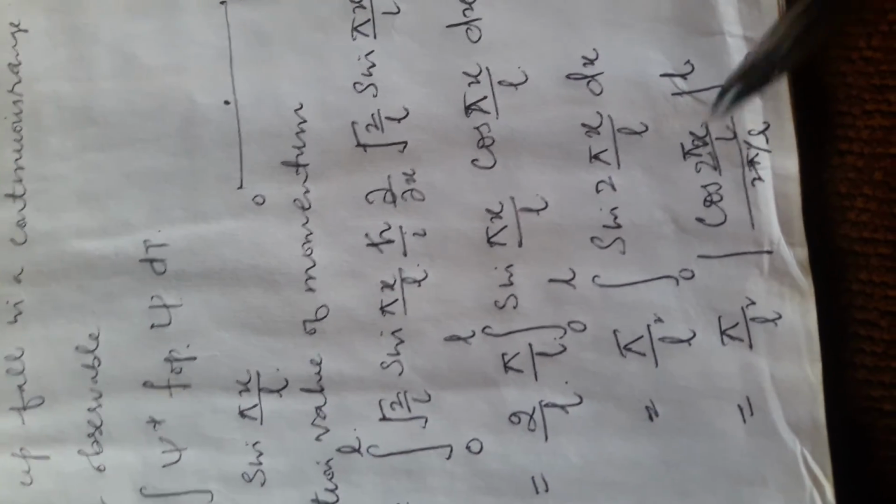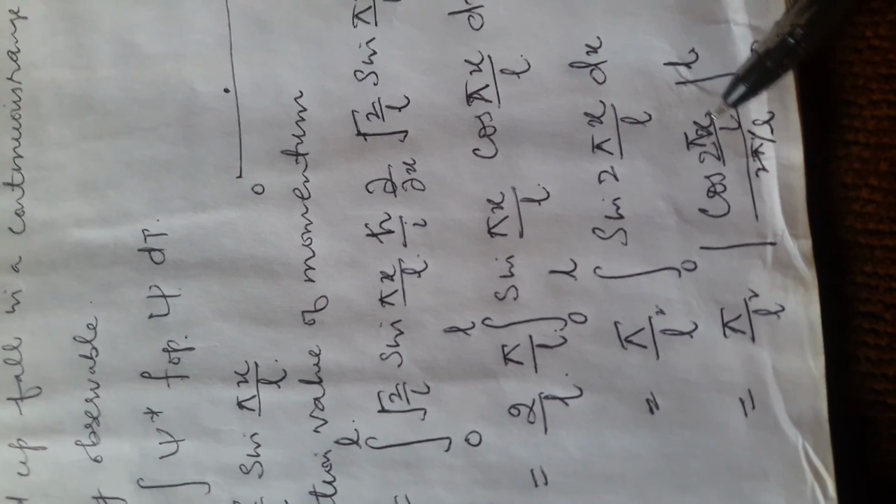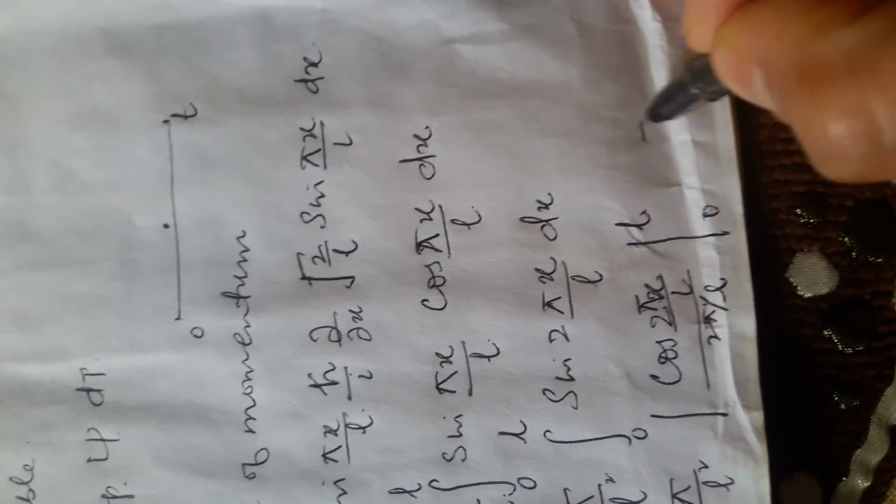Cos of 2 pi is 1. And when we put x equal to 0, we get cos 0, that is again equal to 1. So 1 minus 1 is 0. This implies that the expectation value of momentum is 0.